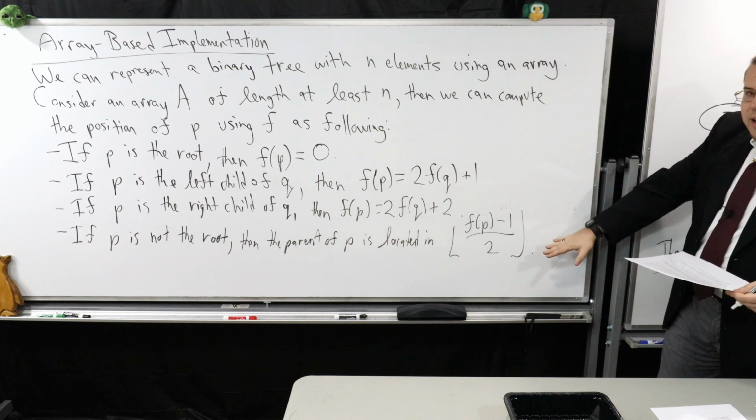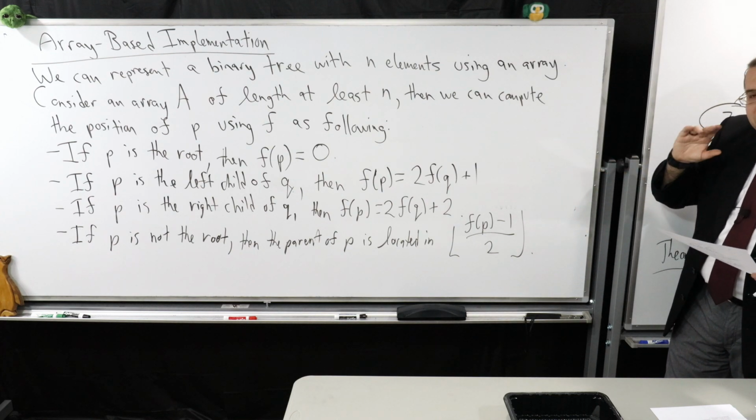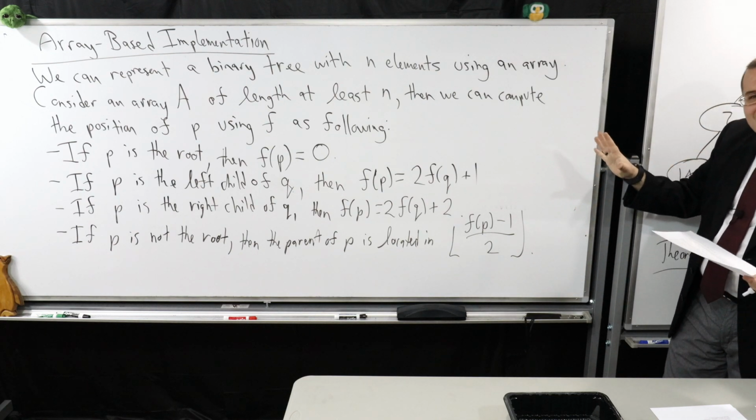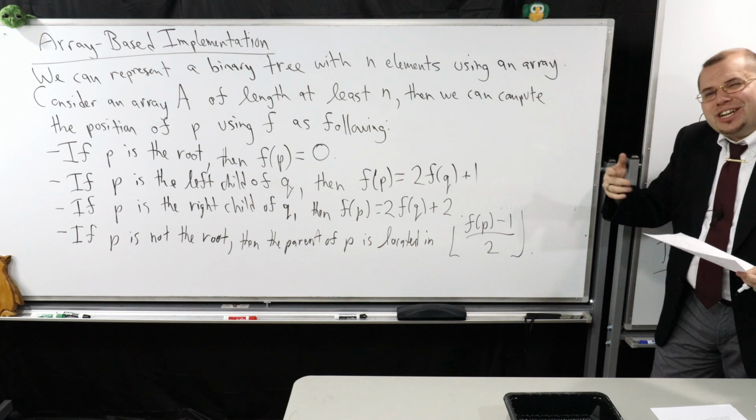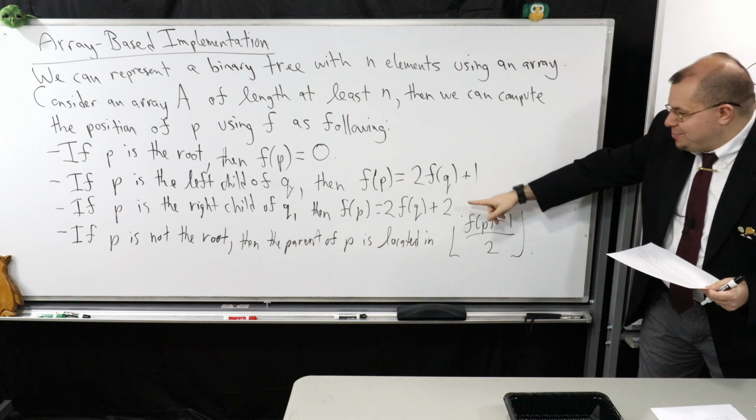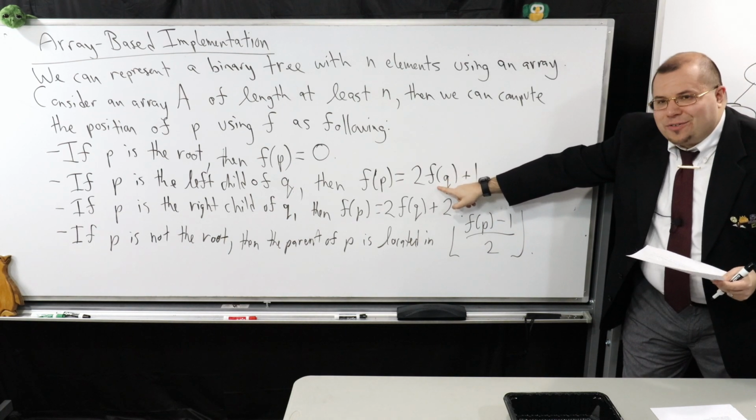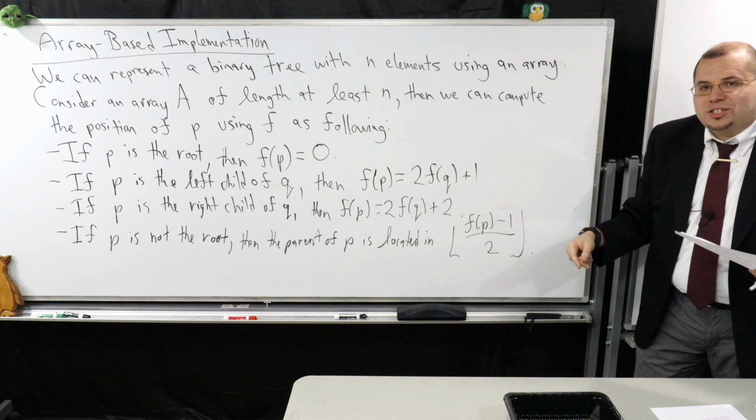Now I must stress that f(P) and P, when you're using an array, is going to be, like if I told you position i in the array, you could just simply replace what I have right here or there with just an i.